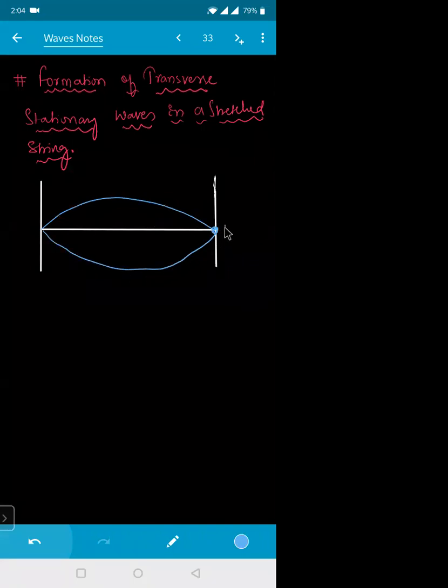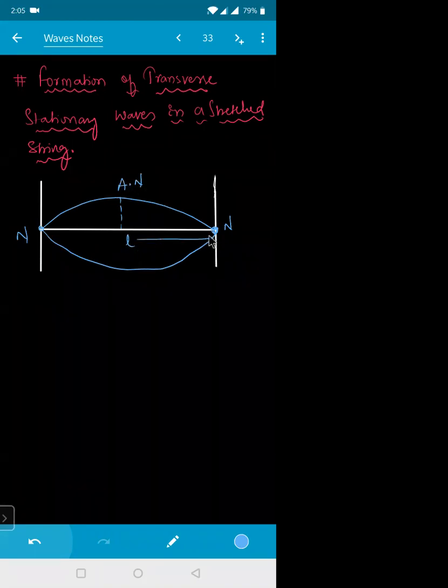This is what? Node. This one is also what? Node. This maximum displacement is known as what? Antinode. The length of this total string is nothing but equal to L. You know the distance between node and node is how much? Lambda by 2.